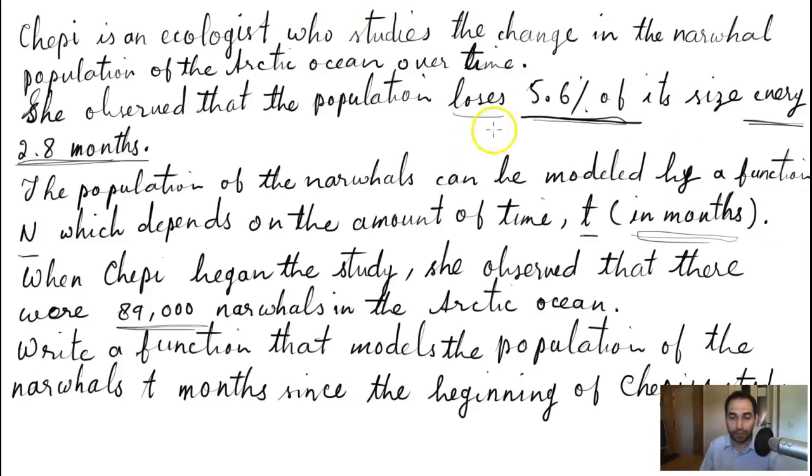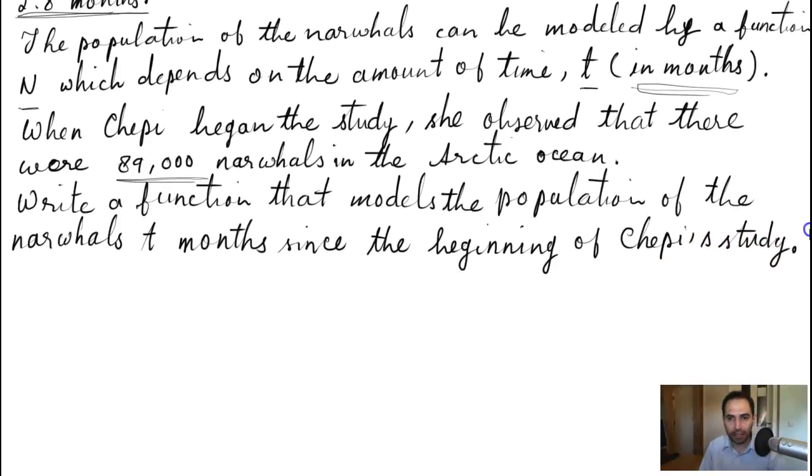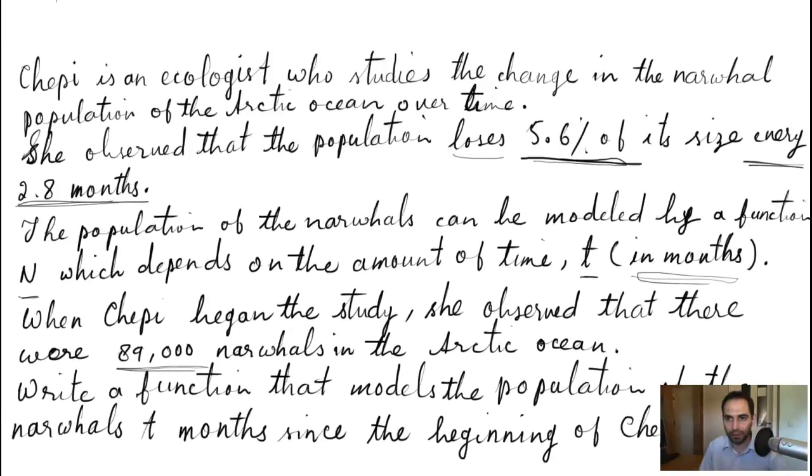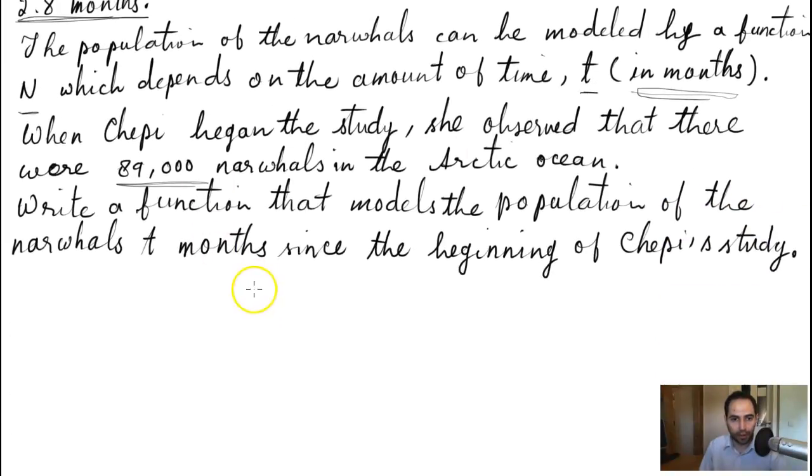You know that it's an exponential function, and the general form of an exponential function is f of x equals a times r raised to the power x.